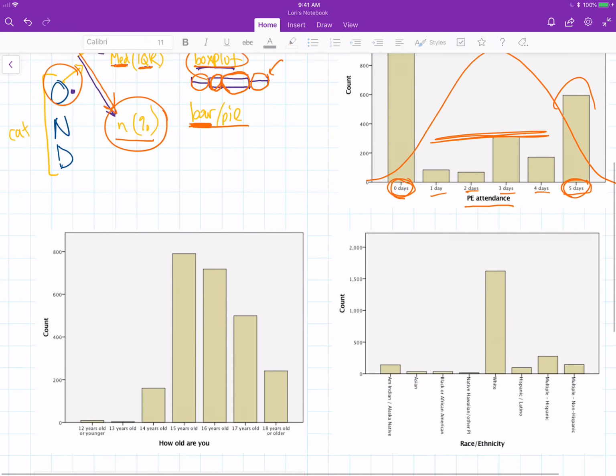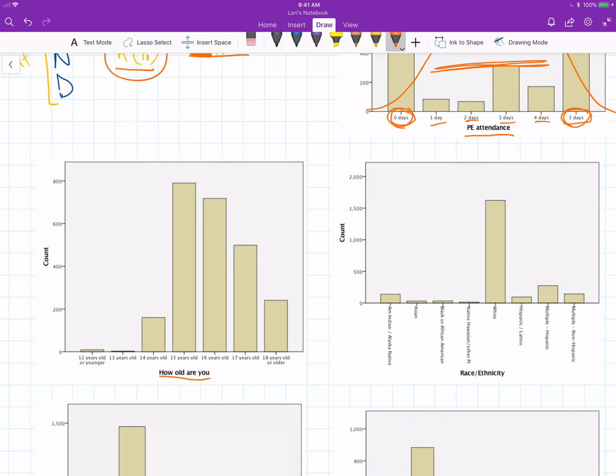And here's an example of age. How old are you? What has ended up happening is it looks like it could be a scale variable, right? We have 14, 15, 16, 17, 18, 13, 12.